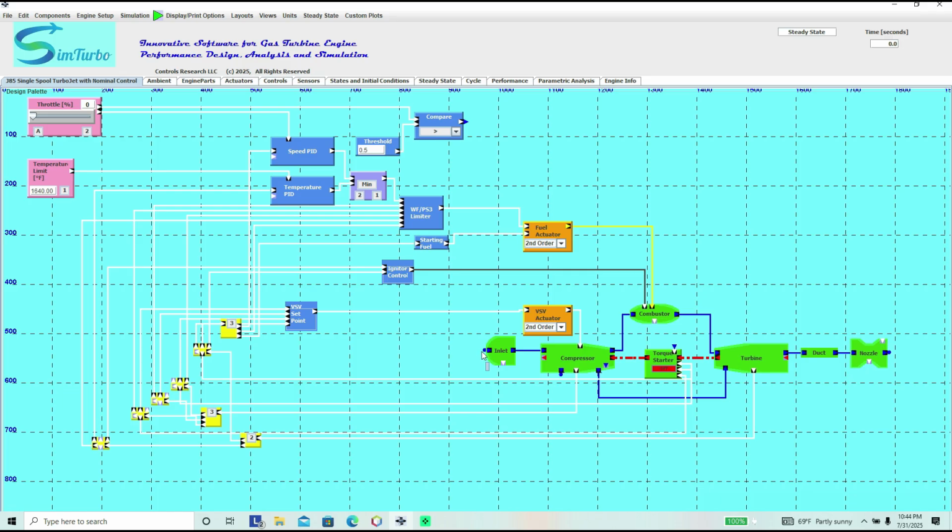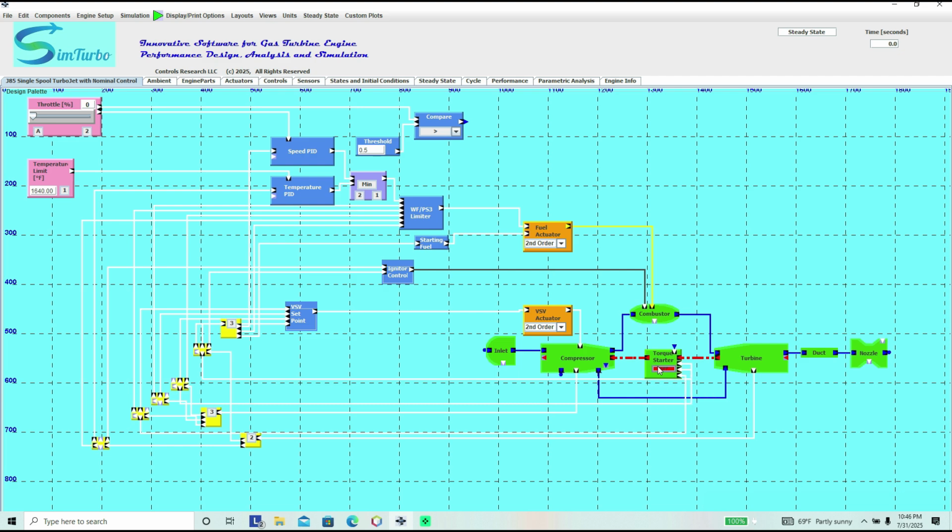This dot here shows that the inlet is connected to ambient. Similar to these dots, the compressor here is overboarding flow into the ambient. And here, out of the nozzle.